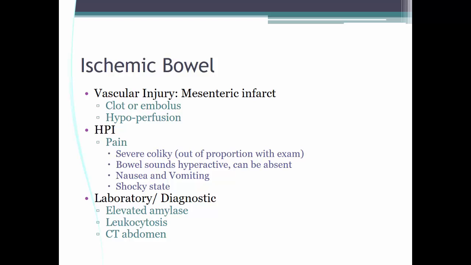So any patient that has a major risk factor as previously stated, AFib, CAD, atherosclerosis, recent CABG, cocaine abuse, any valvulopathy, any PE in the past, any DVT in the past, any deficiency of natural anticoagulants that comes with a sudden abdominal pain of unexplained etiology, you must rule out mesenteric ischemia.